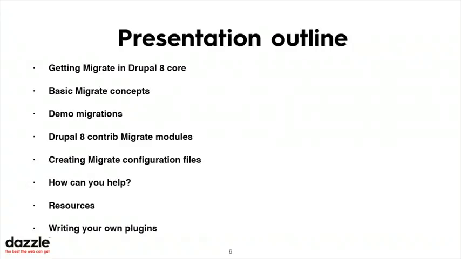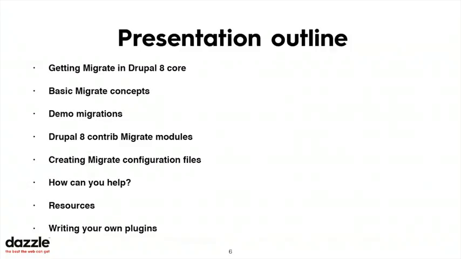Okay, so today I'm going to talk about Migrate API in Drupal 8 core. Well, not only in core, in Drupal 8 in general. This is an outline of the presentation. I will go over the functionality that is available in Drupal 8, some of the basic concepts.